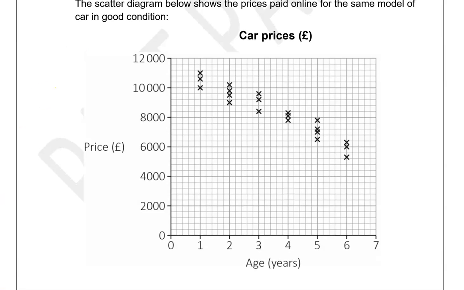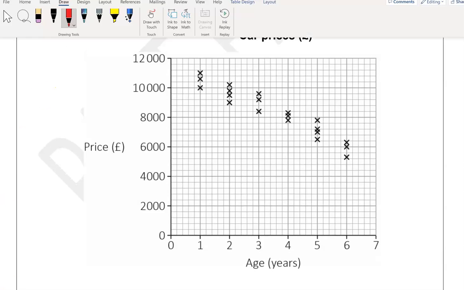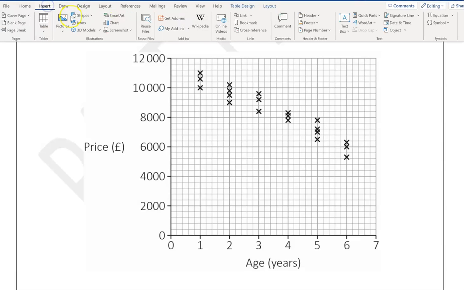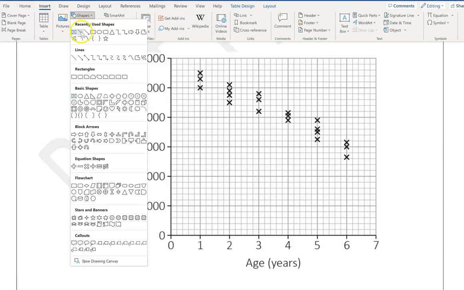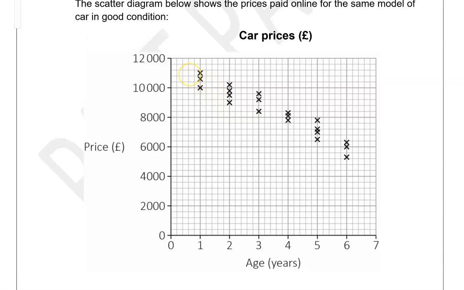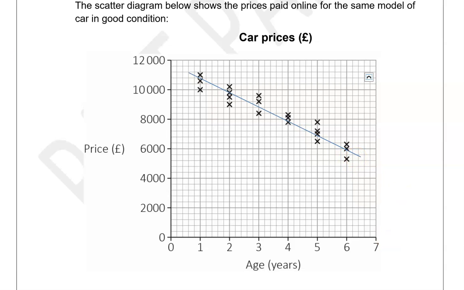We'll draw a line of best fit to help us figure this out, trying to keep equal distance between the points on both sides. So roughly the age of the car was 3 years, so that's the point here.